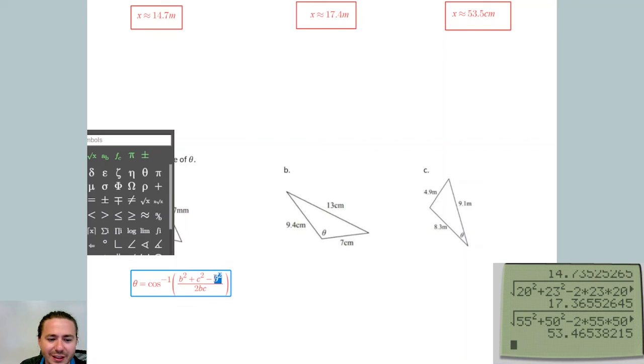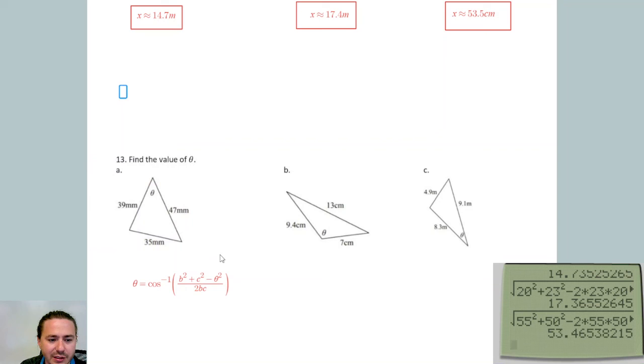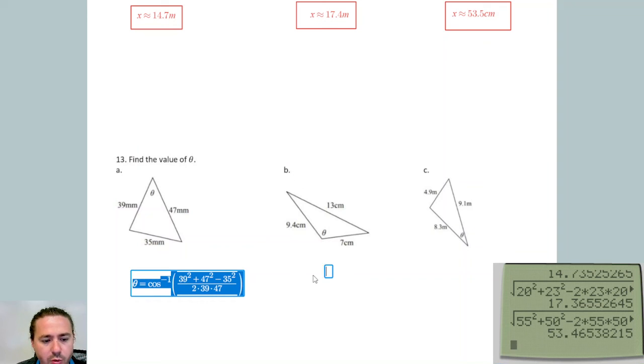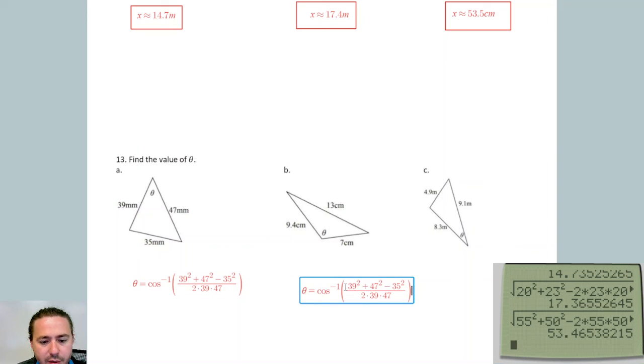Just make sure that this one right here is the one that corresponds. So like in the case of this problem, this would be the 35. And then the other 2 sides, don't sweat which one's which, it doesn't matter. So this is going to be 39 squared plus 47 squared, and this can be 2 times 39 times 47. Okay. For letter B, don't worry, I'm going to go back and type that in too.